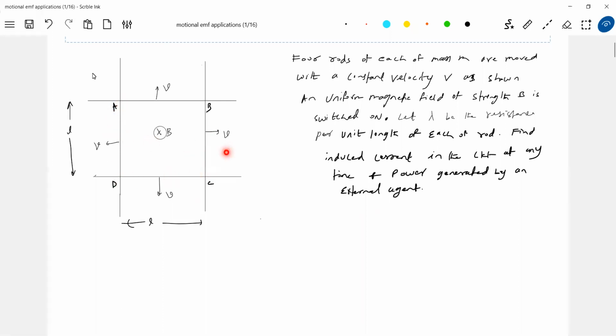Now after some time t, this rod will be here, and this rod will be here. So what do you expect? The area of cross section of the loop must increase.